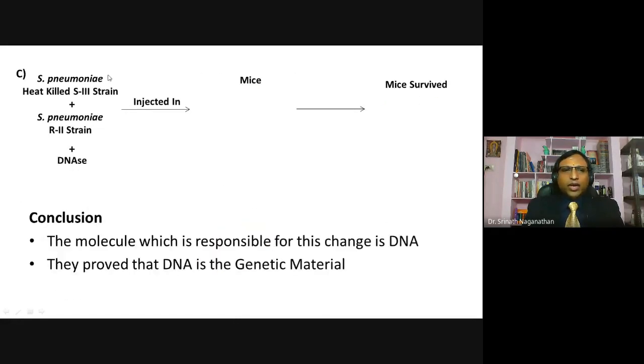In the third experiment, they used the heat-killed S3 strain and the R2 strain of S. pneumoniae, and then they used DNases, and injected this into the mice. They found that after some time there were no pneumonia symptoms and the mice survived.